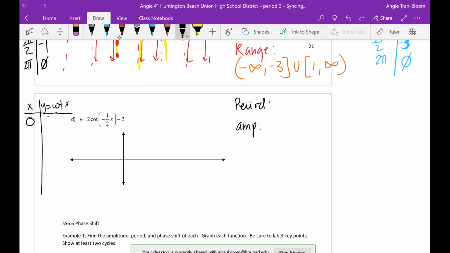0, 0. Pi over 1. Pi over 2, 0. Pi over 4, negative 1.